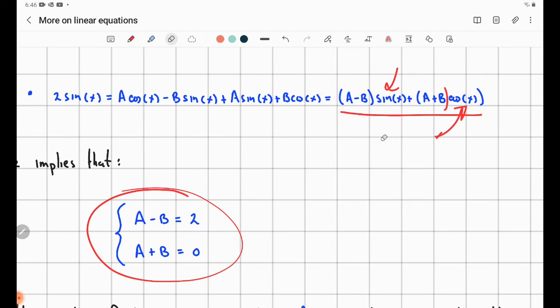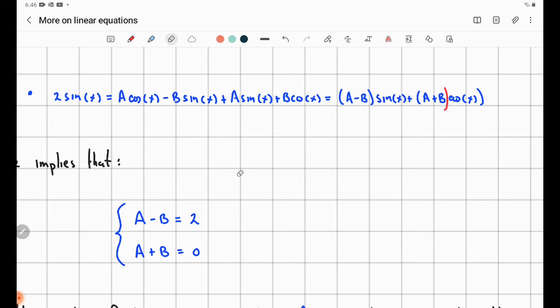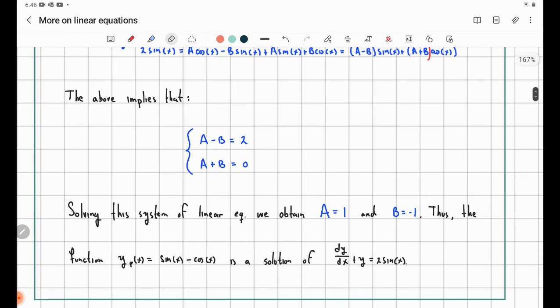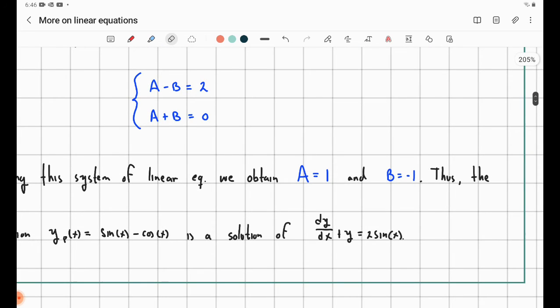Now we have a linear system of equations, and it is very simple, so we can look at these two equations and solve almost directly for a and b.